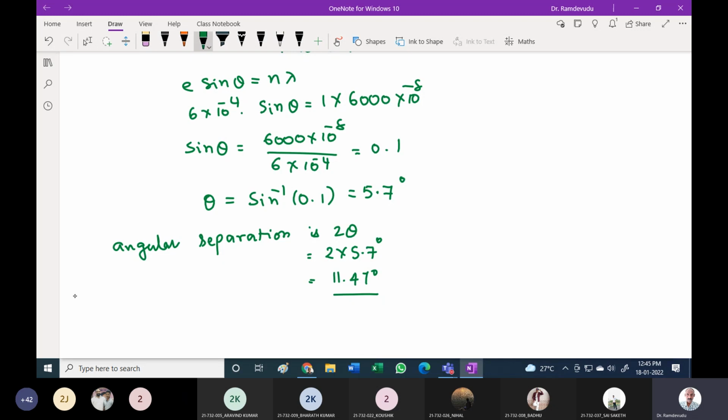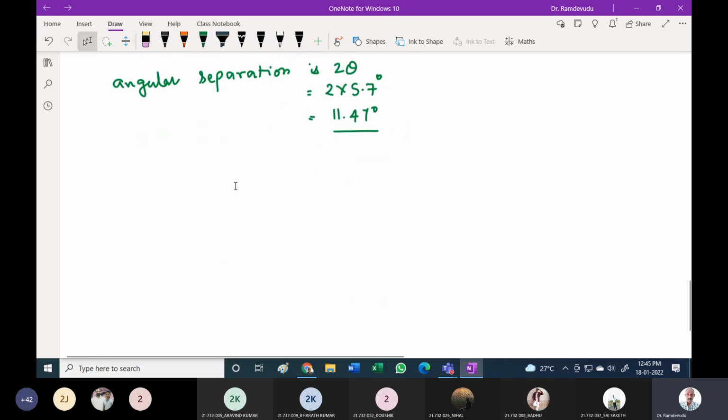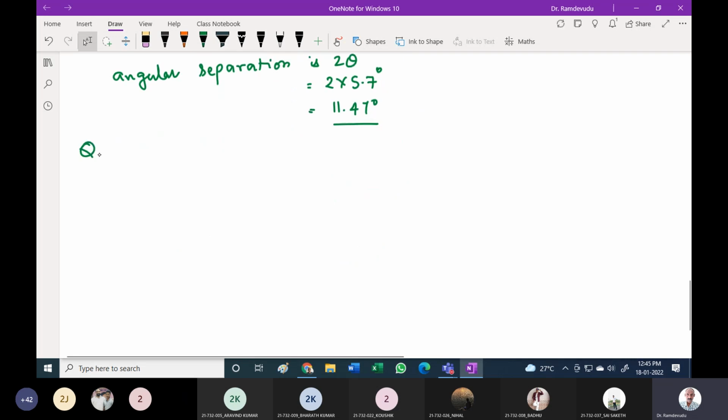So I'm writing the next problem. The next problem is Q5.